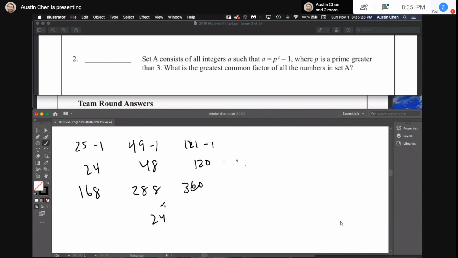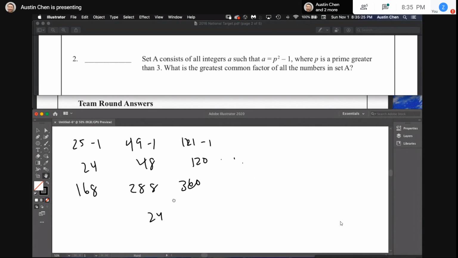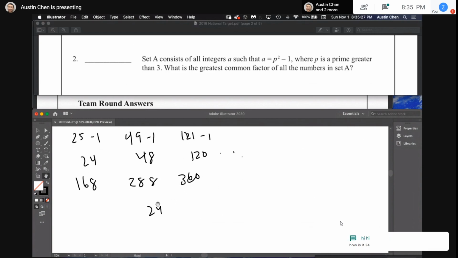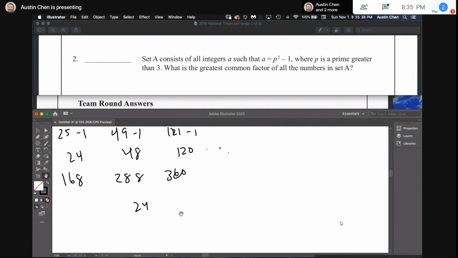After seeing this, we should try to prove that it is 24, or maybe see that it's not 24 and then we do something lower. So 24 is 3 times 2 cubed, right? We should try to prove that this is in all of them.